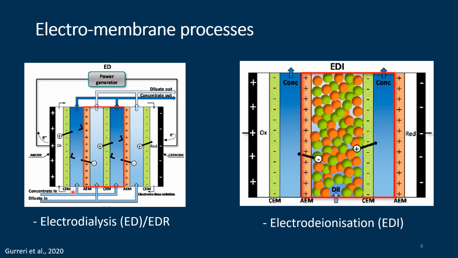Different ions can pass through only the anionic membrane or the cationic membrane, and then you can dilute your channel, and then you can concentrate. So that's a typical electrodialysis.